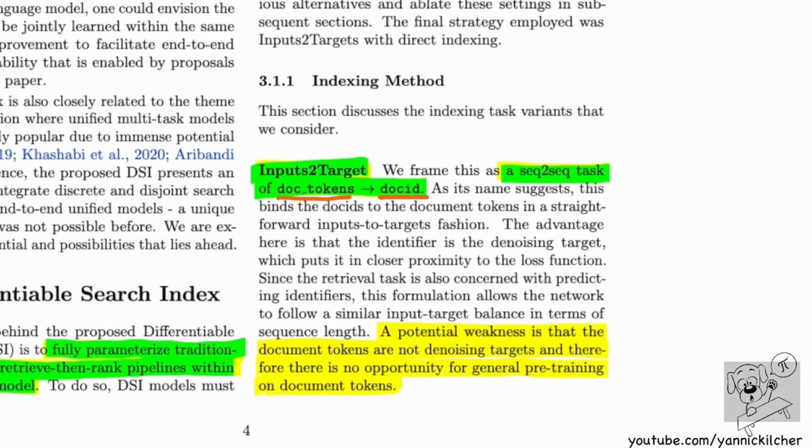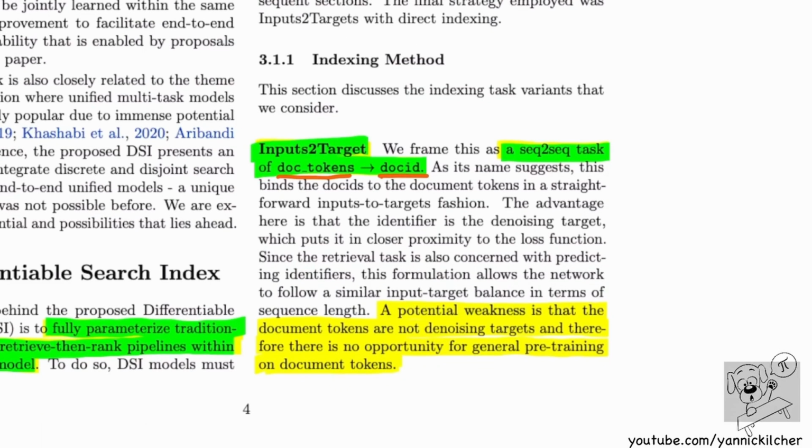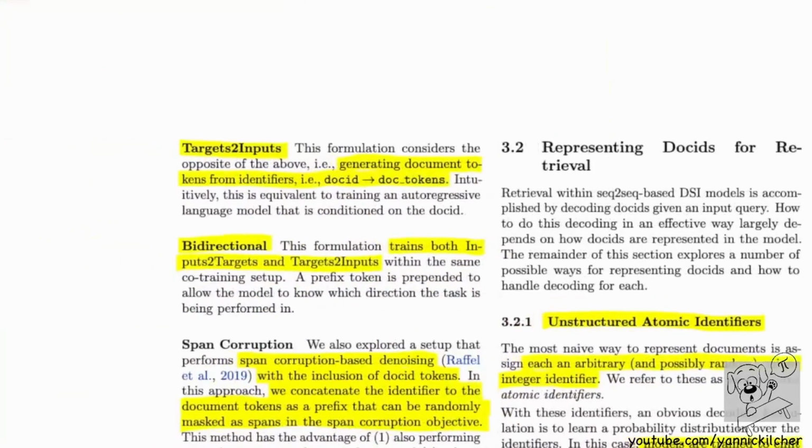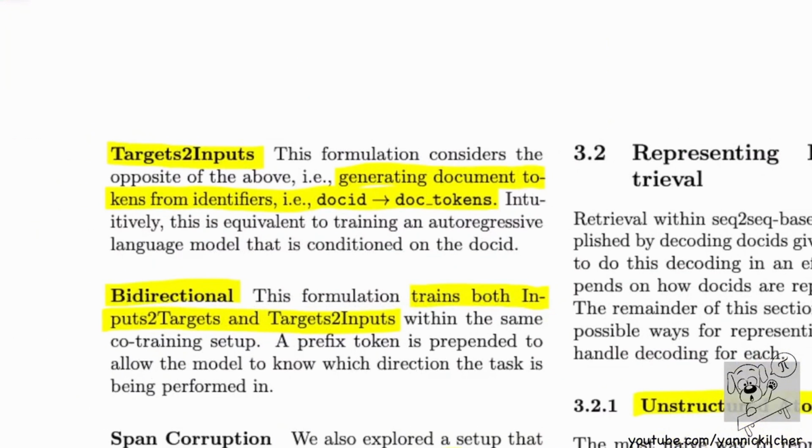However, they point out that in this way, the only thing ever output is the document ID. There is no language learning or anything like this. You fully rely on the pre-training for language understanding. That is what they claim is a potential weakness, and other methods are aimed at making that weakness go away.